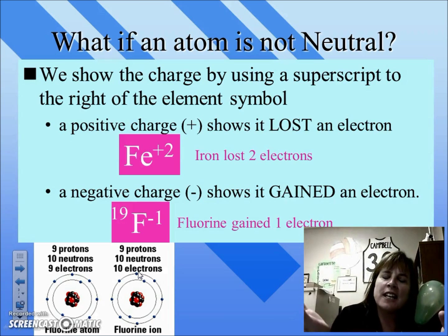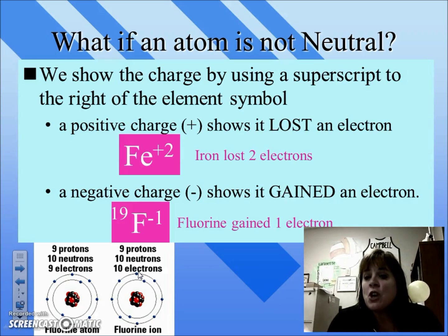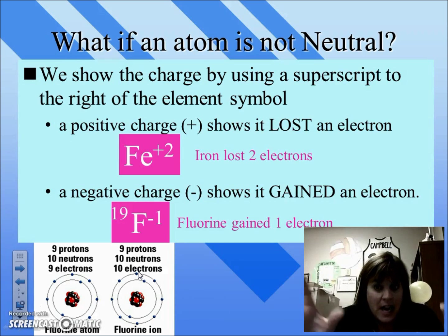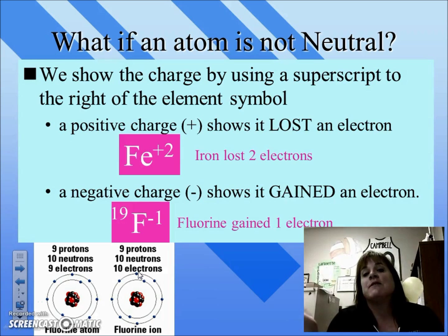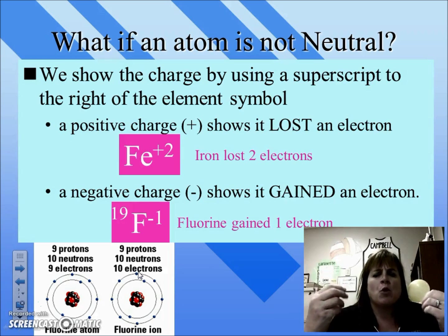But unfortunately, electrons have a negative charge. So if we are gaining electrons, we're gaining negative charge. Think of it this way: if I lose electrons, I'm losing negativity and I'm becoming more positive. And if I'm gaining electrons, I'm gaining negativity, so I get more negative.